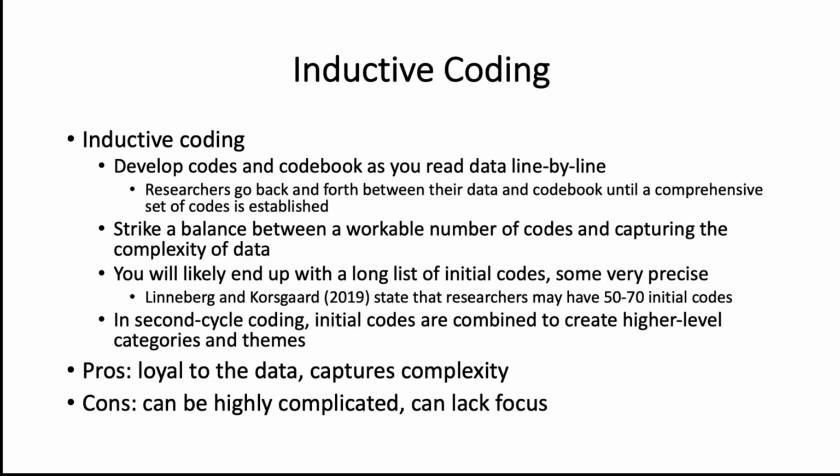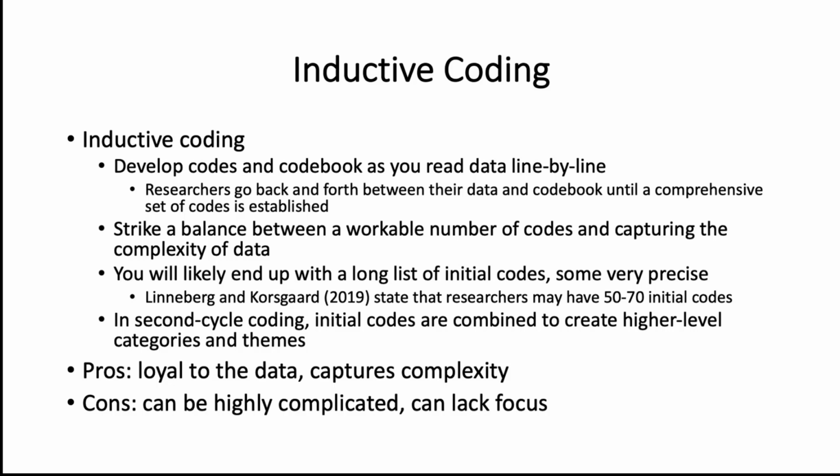And this can get out of hand really quickly. There can be a lot, especially if you have a lot of data, there can be a lot that's coming out of it. So inductive coders are usually trying to strike a balance between a workable number of codes and also starting to capture the complexity and some nuanced ideas within the data.